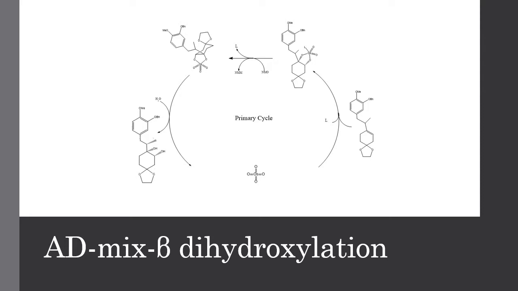And then we have this intermediate here from the synthesis, and then the ligand comes in. So remember earlier I said the ligand was dihydroquinidine 1,4-phthalazinediyl diether. So that's going to attach to the osmium tetroxide, and all of that is going to add to this alkene right there.